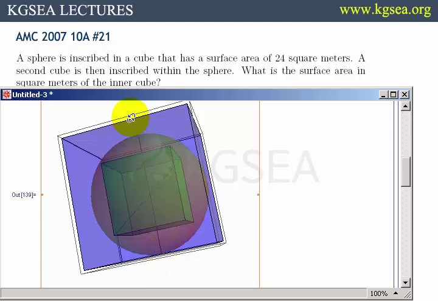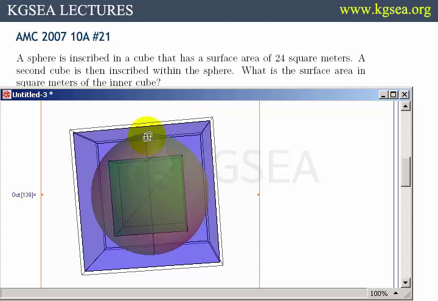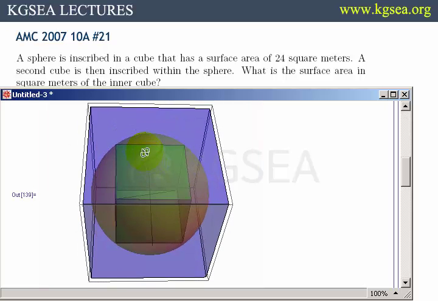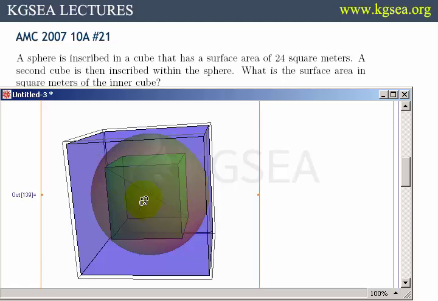The length or width, this is a cube, so what difference does it make? If I put it this way, it becomes the height of the cube, right? So the height of the outside cube is equal to this length from opposite corner to opposite corner of the inside cube. That insight is vital to solving this problem.